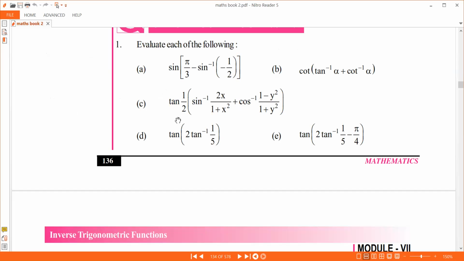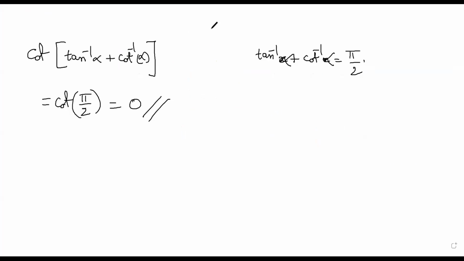Next. Tan of half of sine inverse, no need to write, we'll do that. This is also a very famous problem.